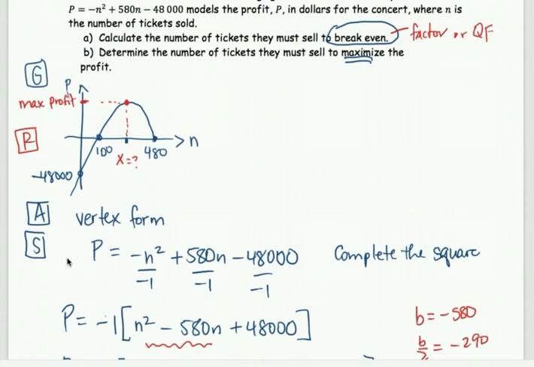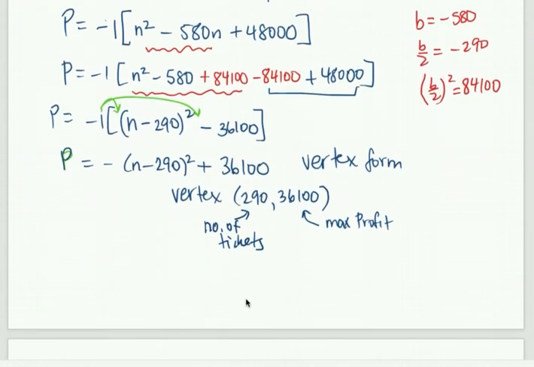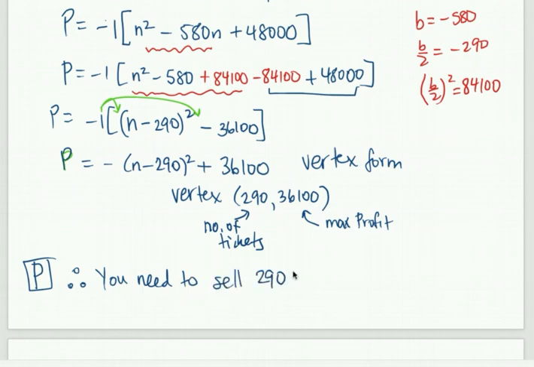All right, so they wanted to know, determine the number of tickets that you must sell in order to maximize the profit. So this is it here. Therefore, you need to sell 290 tickets to maximize profits.